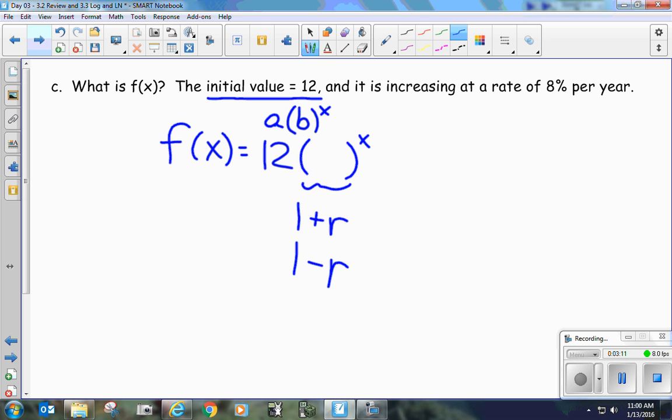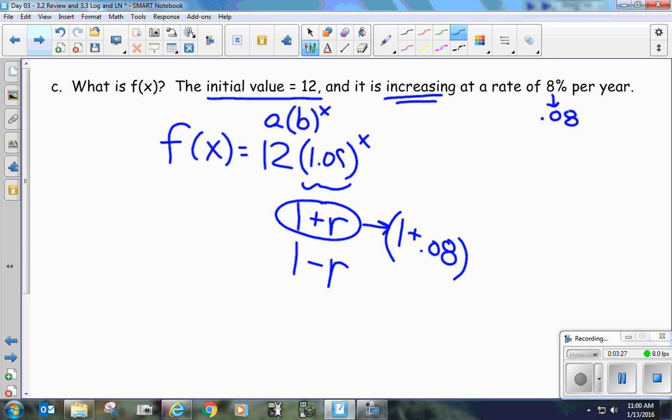This says it's increasing, so we're going to use 1 plus, well, 8% in decimal, 0.08, right? So I could have technically put this in parentheses here. Why don't I just add them? I just put it in there like that. That increases at 8%. And its initial value is 12. Good.